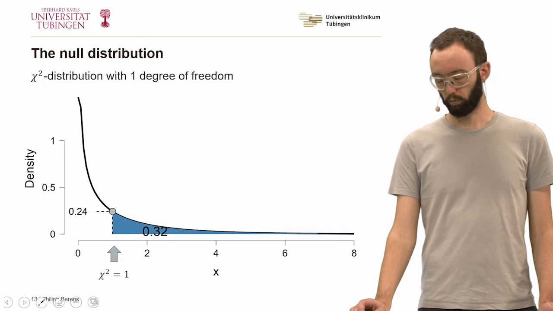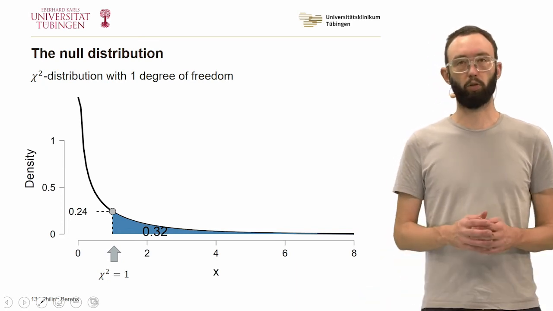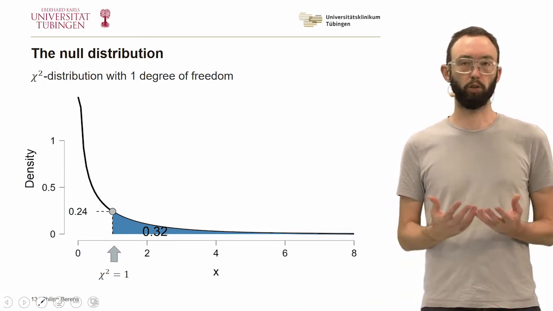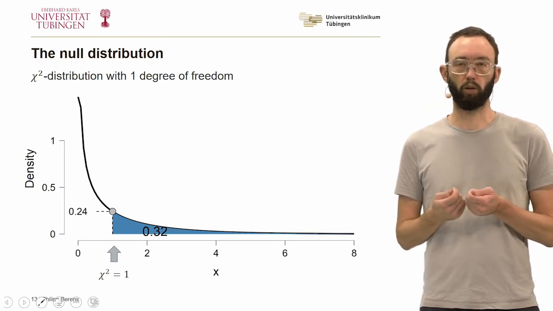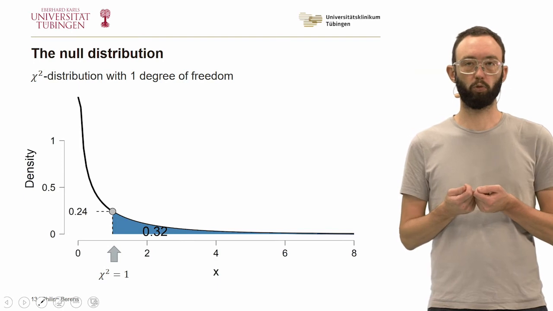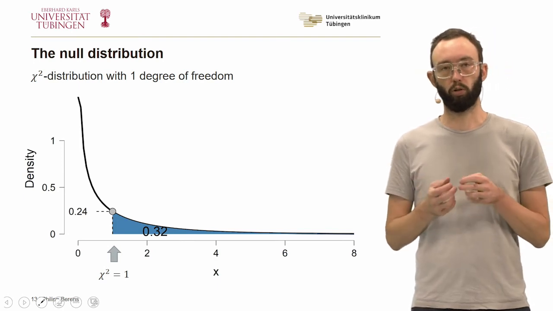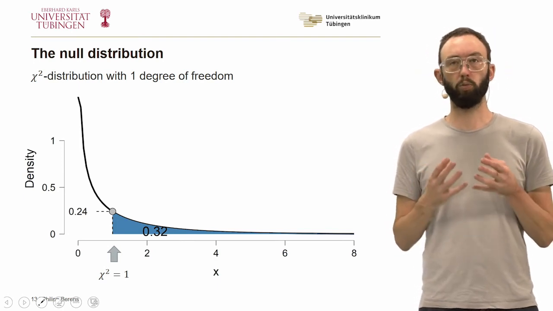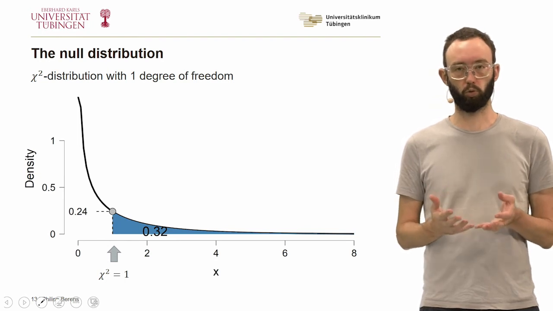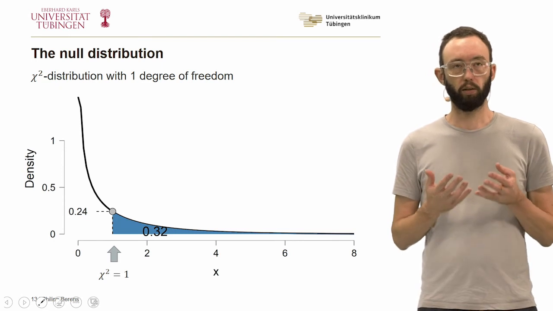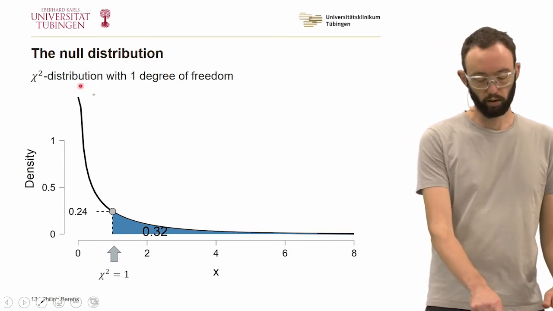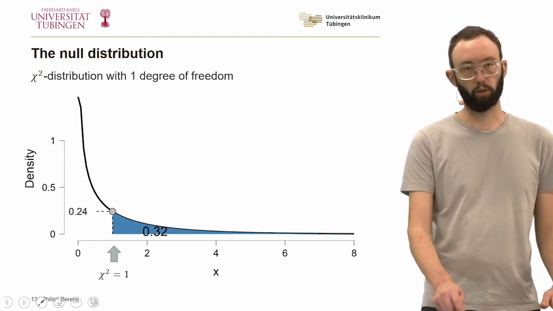So what do we do with a test statistic once we have observed it? For a good test statistic, we are able to compute the null distribution analytically. So the null distribution was the distribution of the test statistic, assuming that the null hypothesis was actually true. And in the case of the chi-square test, this distribution is the so-called chi-square distribution with 1 degree of freedom.